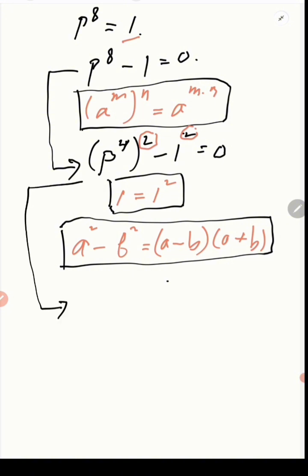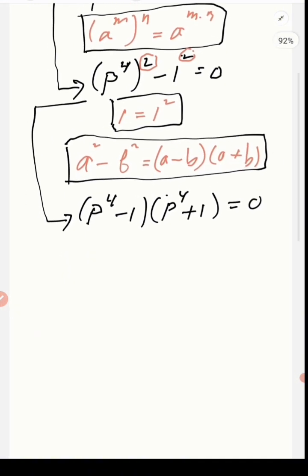Now it can be written as p to the power of 4 minus 1 times p to the power of 4 plus 1 equal to 0. Okay, go on.